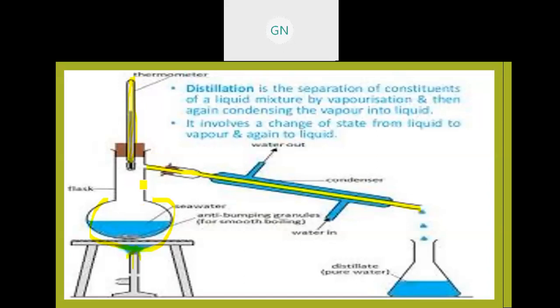When you heat this solution, the lower boiling point liquid will evaporate and come to the Liebig condenser. When you attach cool water, the vapor cools and becomes liquid. So this is the process of distillation.